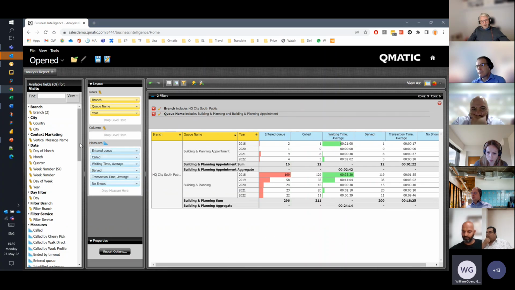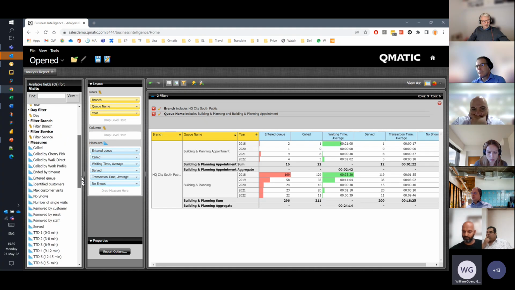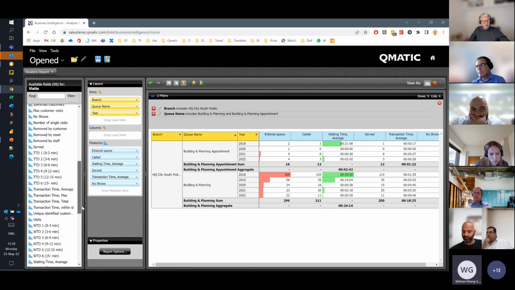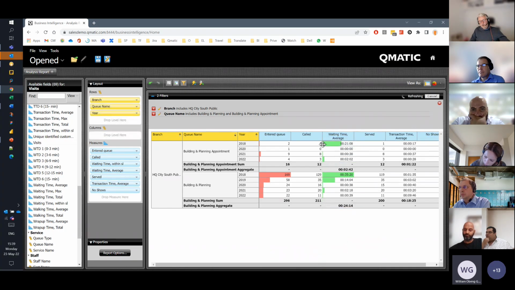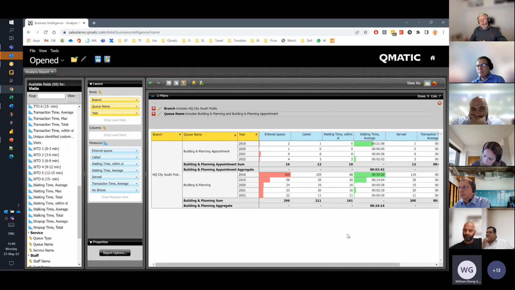So one thing I forgot, you remember I said I don't really look at the waiting time average. I more look at waiting time reach, as you call it. So where is it? Waiting time within my service level. Is it helping? I think my system is a bit slow at the moment. So how many customers were served within my service level, this says?